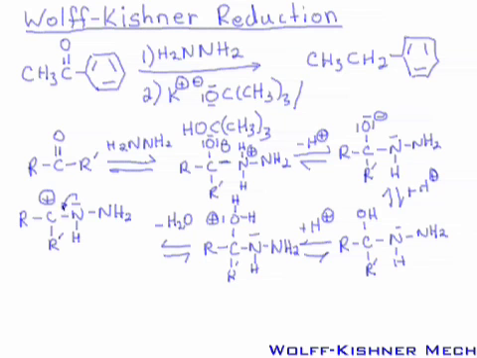Dump in some electrons here, so I can draw a resonance structure. Get RC double bond N, we have R prime, we still have an H on the nitrogen, which makes, I guess this would be a hydrazonium ion.